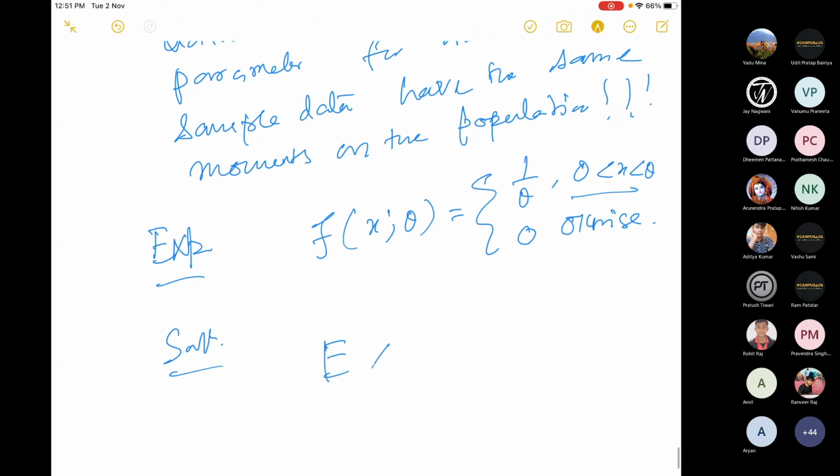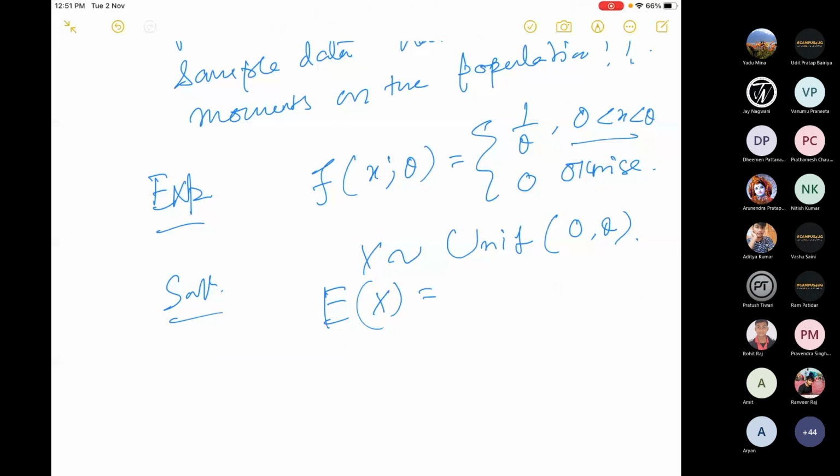What is E of x? Directly, I can write it down. So x here is basically uniform from 0 to theta. Expected value will be what?